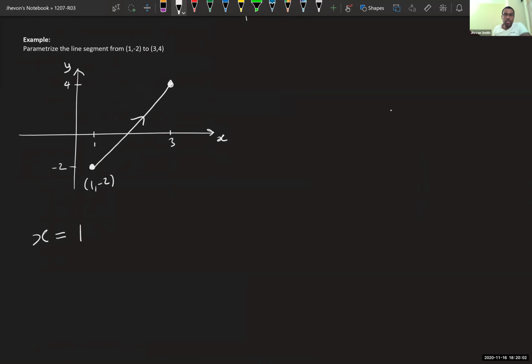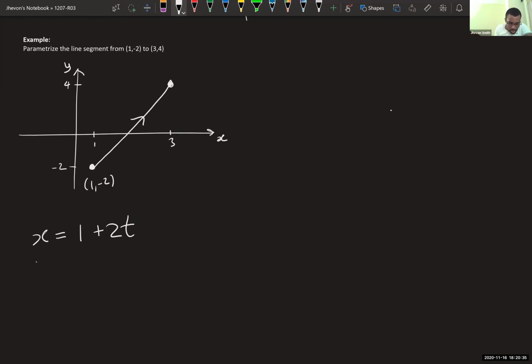Then I ask myself, what do I need to add or subtract to get to the second point? Okay, so my x needs to go from 1 to 3. So if I've started at 1, what do I need to add to get to 3? Well, I need to add 2. And then attach a t to that 2. Right? So it's going to be the initial point plus the difference between the final point and the initial point times t. But you can think of it in your head as, okay, if I'm at 1, what do I need to add to get to 3?